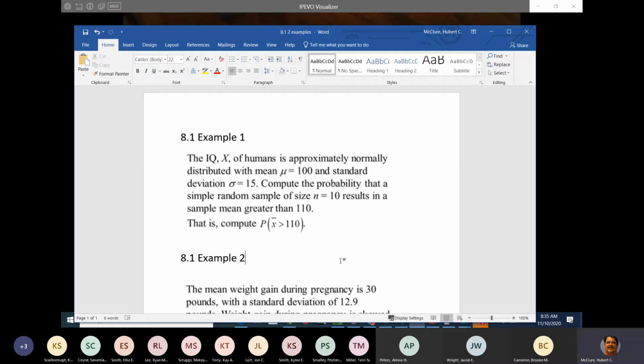So will that group of 10 people result in a mean greater than 110? Go ahead and get to it. Draw a picture. Get your new standard deviation and calculate it like you would in Chapter 7. That's all there is to it.